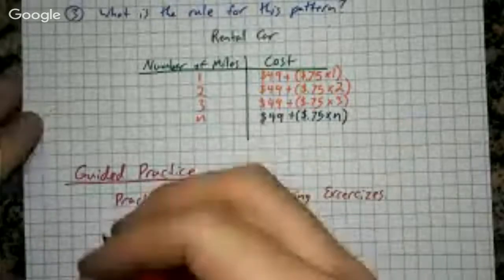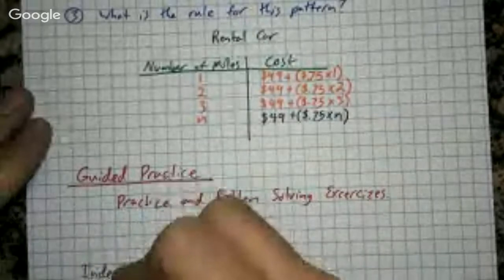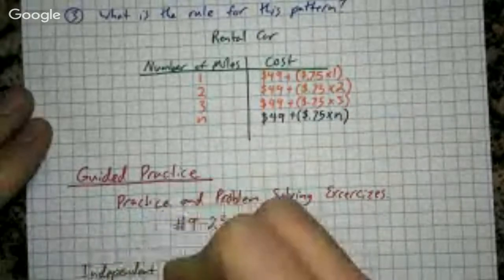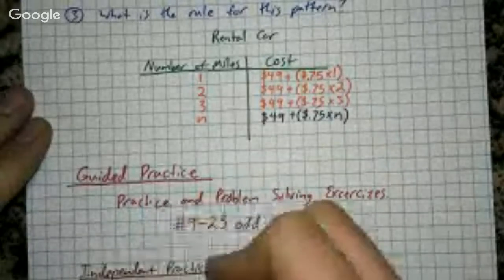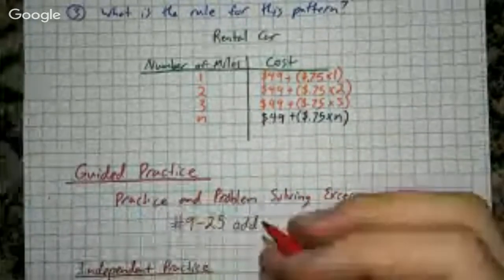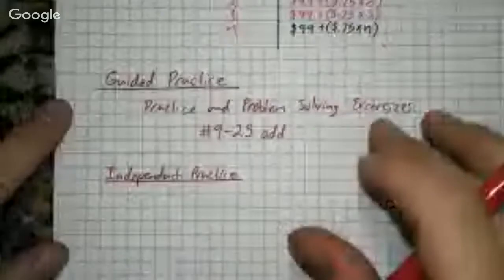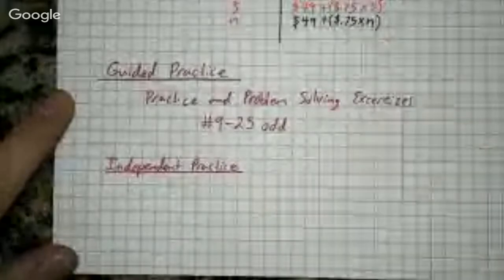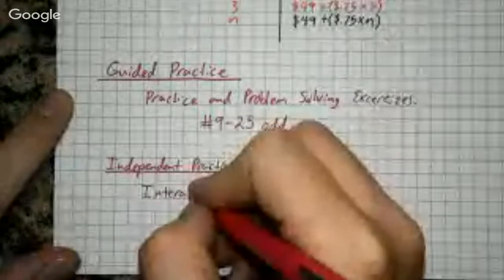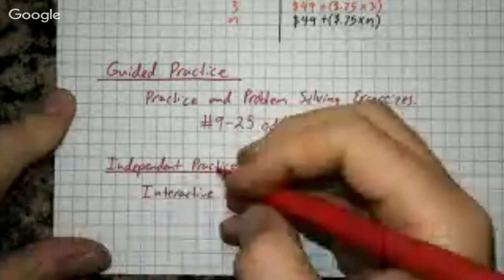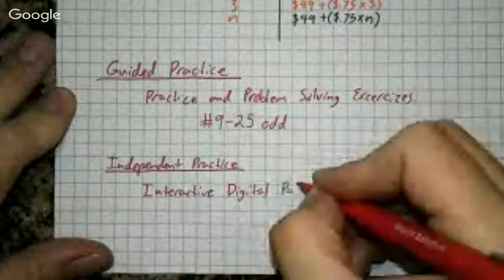Then once you finish that, that's your practice, and now you're going to do some independent practice. On your independent practice, you're going to go again, you're on that online database, right? You're on the online book, and there's a button for you to click that is interactive digital path.